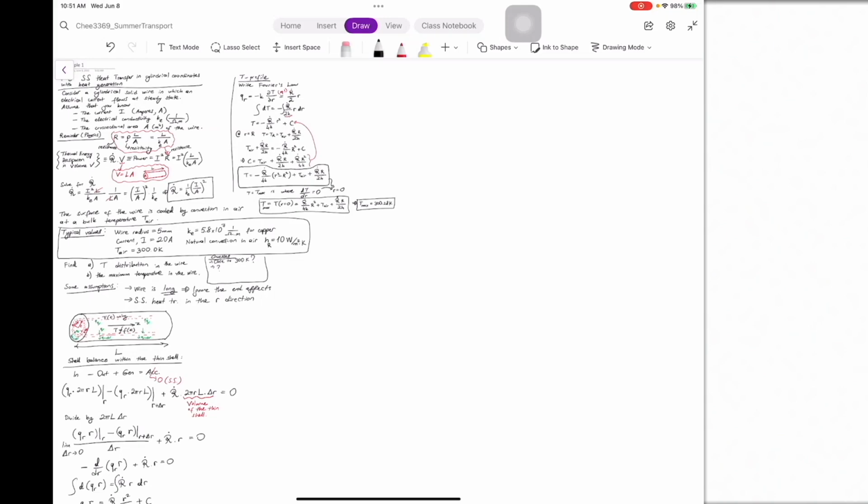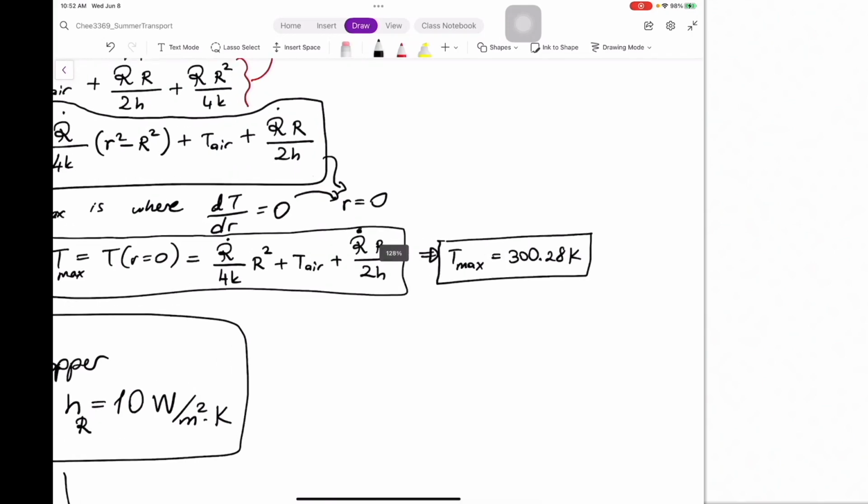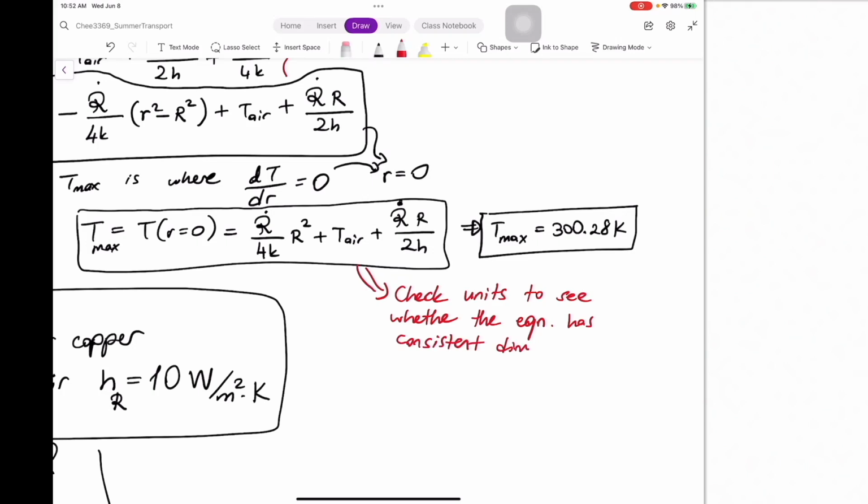Okay, so one thing you can do once you're done with the solution, you should always check your answer by doing dimensional analysis. Let me write down as a homework: check units to see whether the equation has consistent dimensionality.